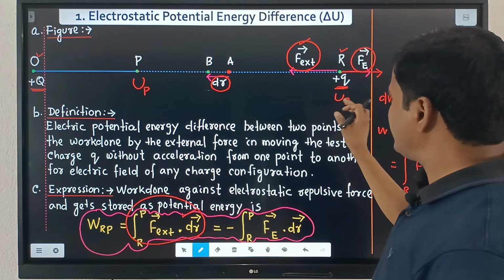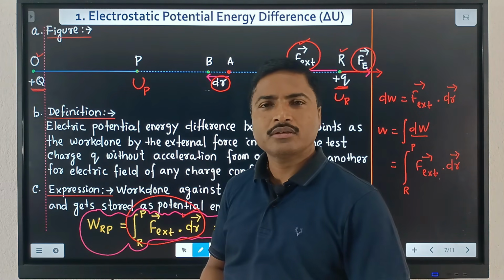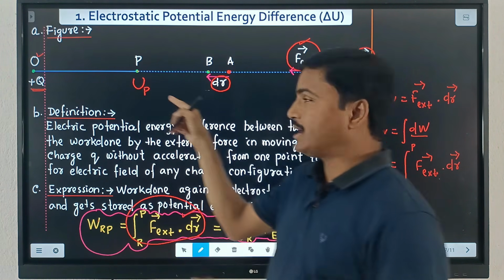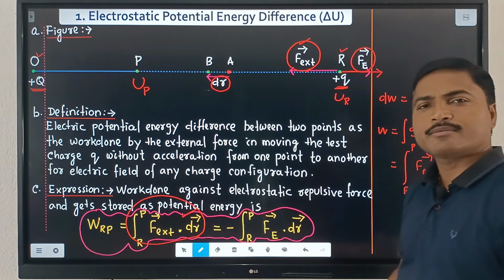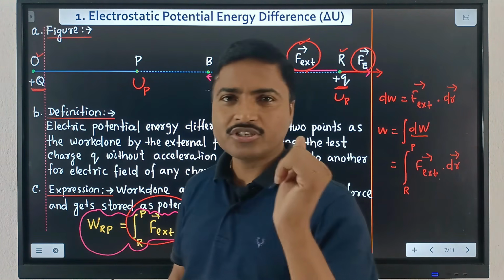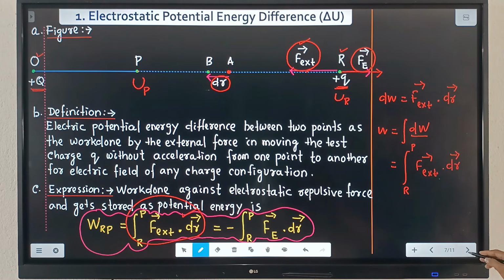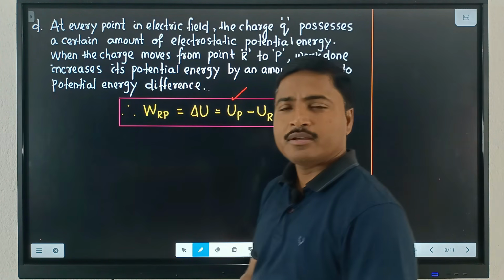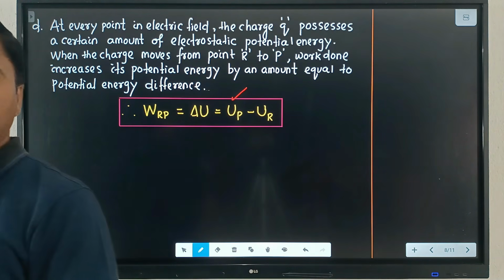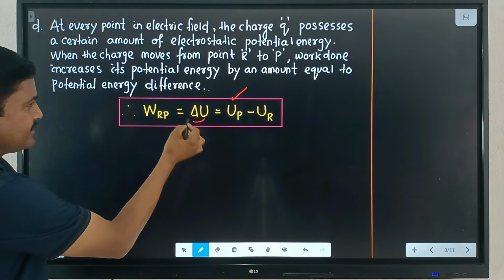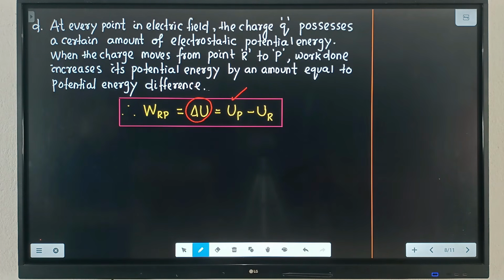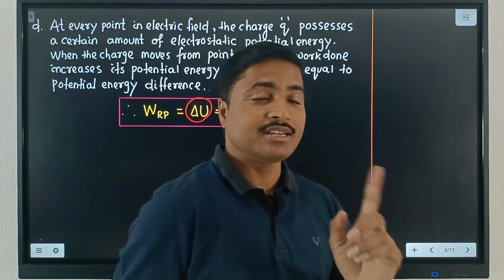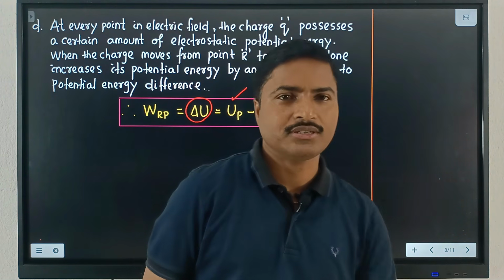If we compare UR and UP, the potential energy at point P is greater as compared to point R, so that there is a difference of potential energy. We write this difference, that is UP minus UR, and symbolically we write that as del U. Clear? And this is all about the electrostatic potential energy difference between 2 points.